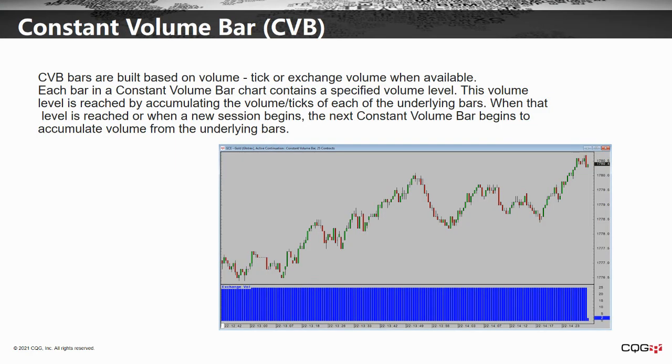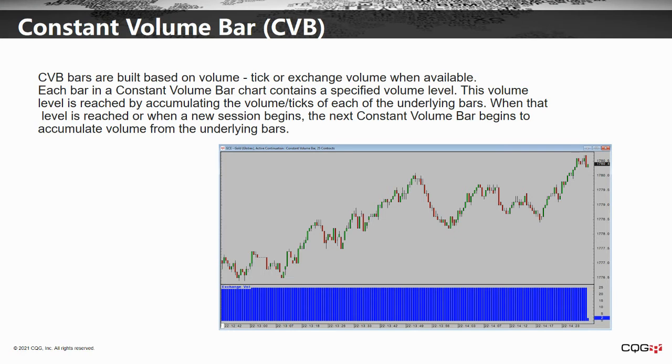Constant volume bars, or CVBs, are bars built based on actual traded volume, or tick volume if actual volume is not available. Tick volume simply records the number of transactions rather than the volume transacted.